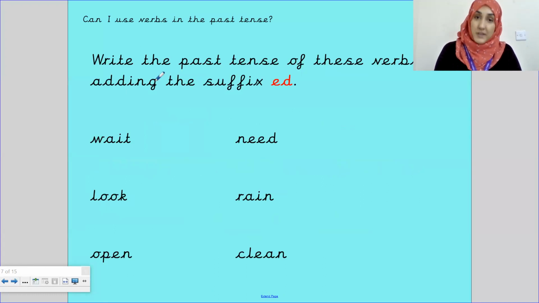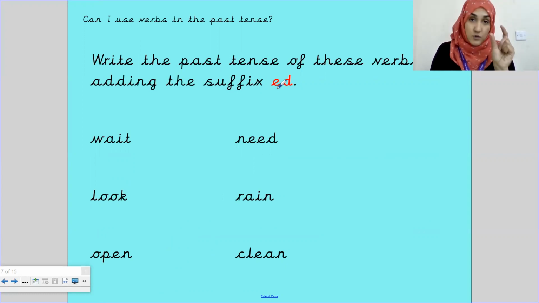Okay, what we are going to do is together, we are going to write these verbs in past tense, and we are going to add the suffix ed on the end. So on a piece of paper, can you first write the words wait, need, look, rain, open and clean, and with a different coloured pencil, can you add the suffix, which is a few letters that you add to the end of a word, it changes the root word.